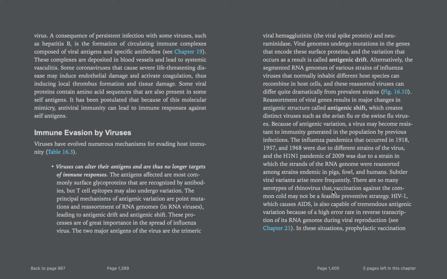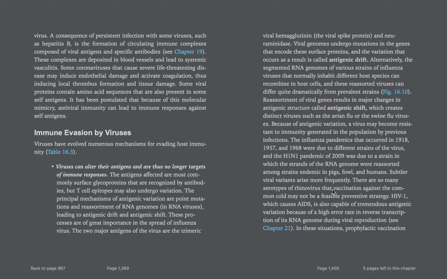Viral genomes undergo mutation in genes that encode these surface proteins, and the variation that occurs as a result is called antigenic drift. Alternatively, the segmented RNA genomes of influenza virus strains that normally inhabit different host species can recombine in a host cell, and these reassortant viruses can differ quite dramatically from prevalent strains.